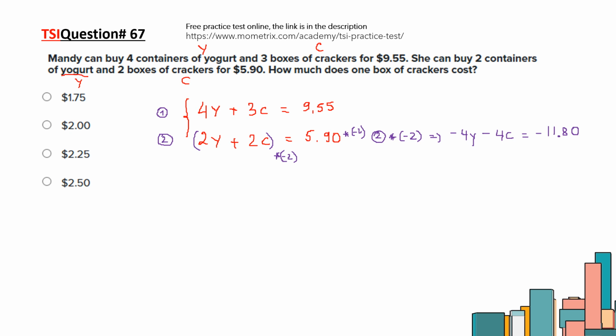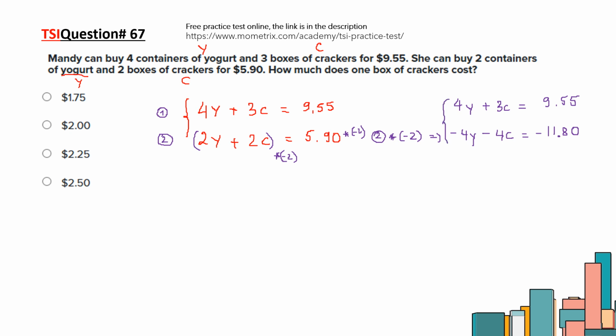Now we rewrite equation number 1: 4y plus 3c equals 9.55. So now we have a new system, but with the same relationship of y and c. So we can add.